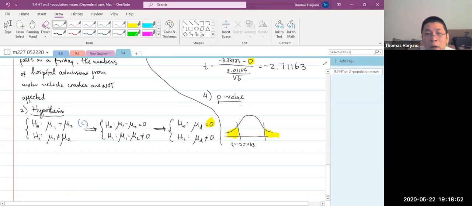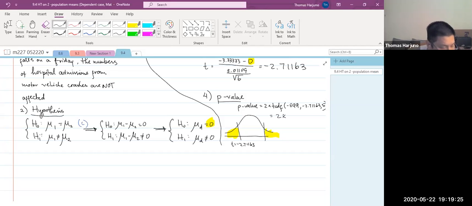So the p-value is 2 times TCDF, negative E99, comma negative 2.71163, comma 5. Degree of freedom is 5.